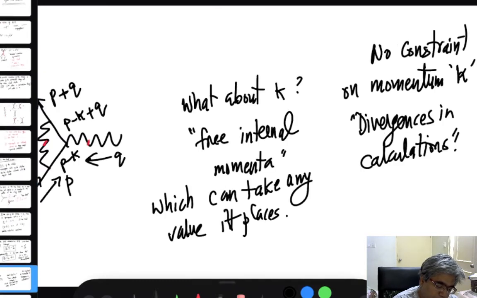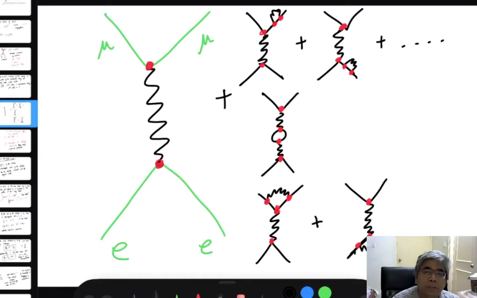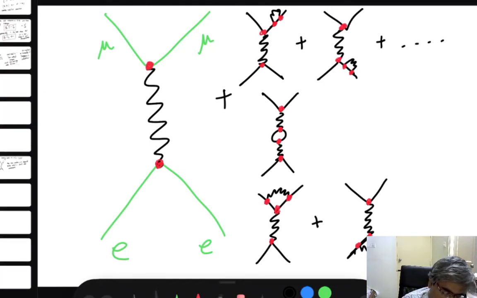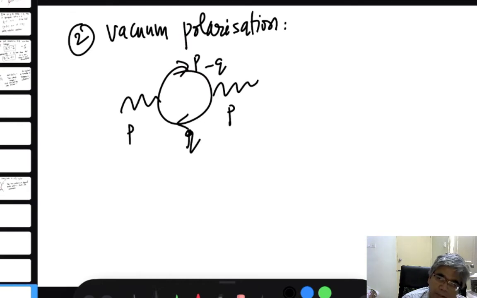So when I drew this set of diagrams, this top row is the one of self energies. The second row is the vacuum polarization diagrams, and the third one is the one which we call vertex correction.